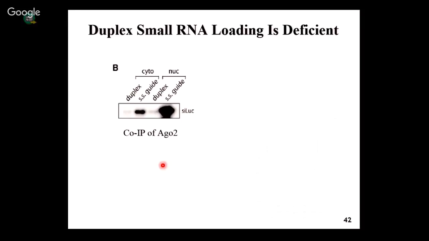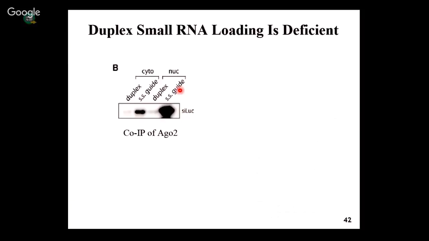As a control to ensure that the nuclear AGO2 was accessible for loading, they immunoprecipitated AGO2 and then incubated it with a radiolabeled single-stranded siLuciferase RNA. They found that both the cytoplasmic and the nuclear AGO2 were able to bind a single-stranded guide RNA, as you can see in figure B.